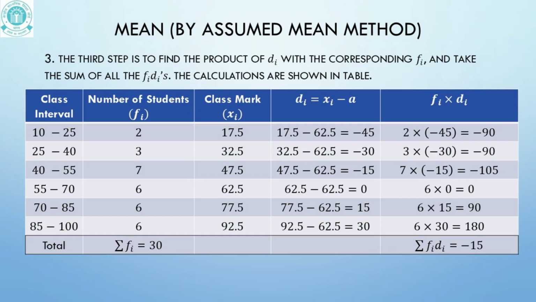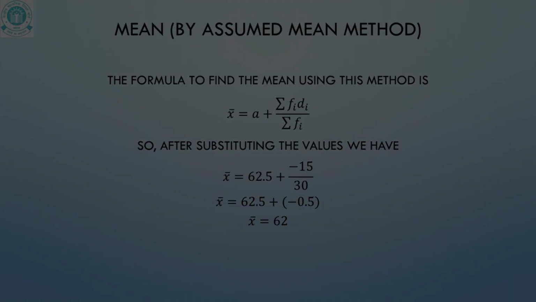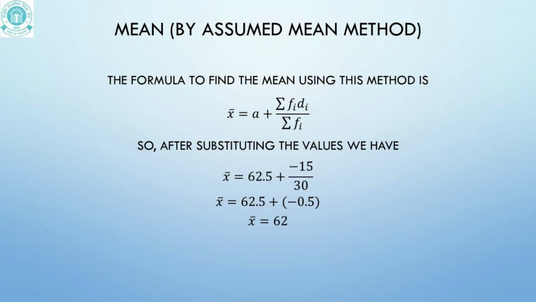The third step is to find the product of di with the corresponding fi and take the sum of all the fi di's. The calculations are shown in the table below. The formula to find the mean using this method is x bar equals A plus summation fi di divided by summation fi.